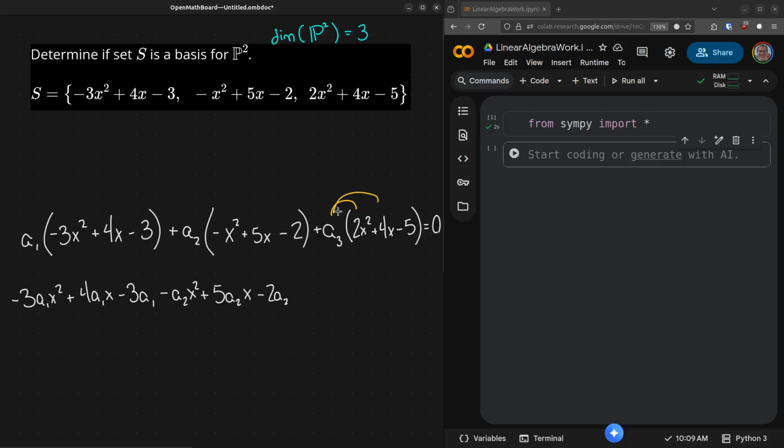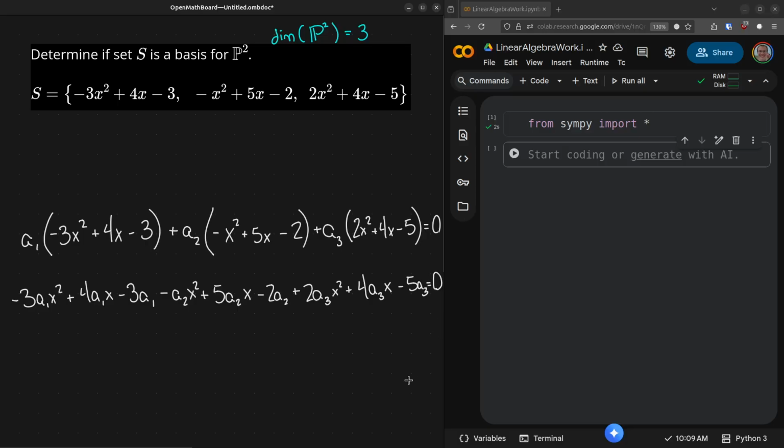And then distribute a3 into the third vector, I get 2a3x squared plus 4a3x minus 5a3 equals 0.